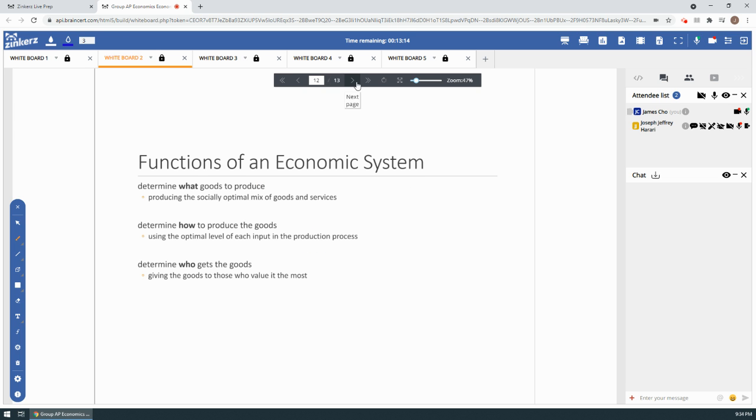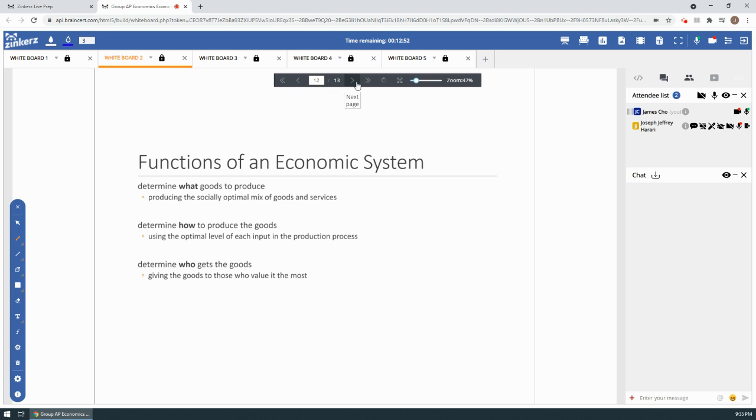So we're pretty much done with that topic for now. In our next class on Thursday, we're going to bring that idea of the PPF curve back, and we're going to do something that we do a lot in econ. We're going to take a model that we study, and then we're going to expand on it. We're going to add some more layers to it and make it a little bit more realistic.